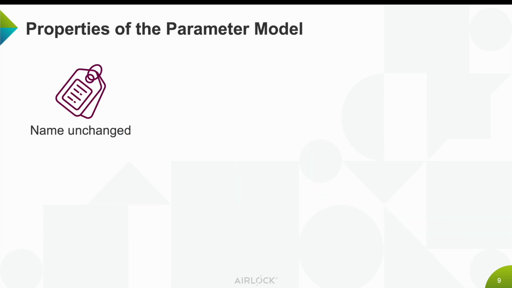What are the properties of the parameter model? Well, the name's unchanged. It's called query parameter model, even though it now includes body parameters. We didn't think it was worthwhile to change the name. It works well in authenticated sessions, and there is no problem with that. It's actually one of the better models because most of the automatic detection works well when users are not yet authenticated, because you have very few bots in authenticated context.